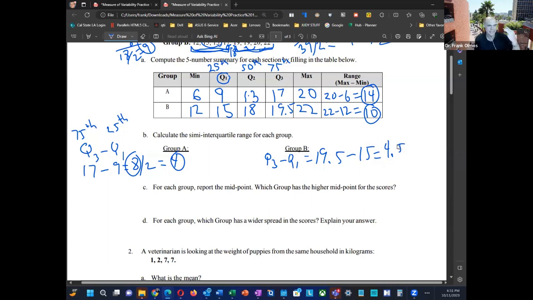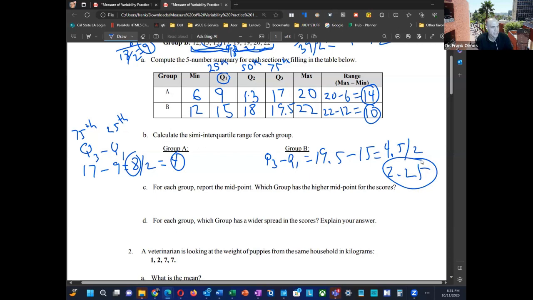Typically I'm just happy with the interquartile range, but it's asking for the semi-interquartile range. Fine, let me do it. Simple, divide by 2. You get 2.25.